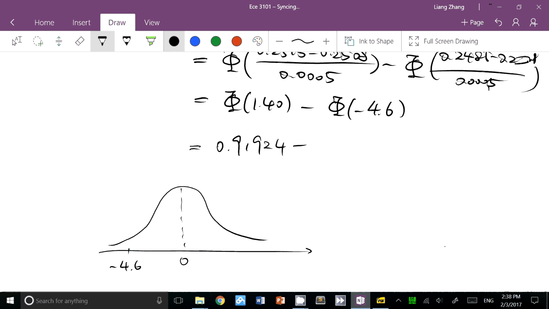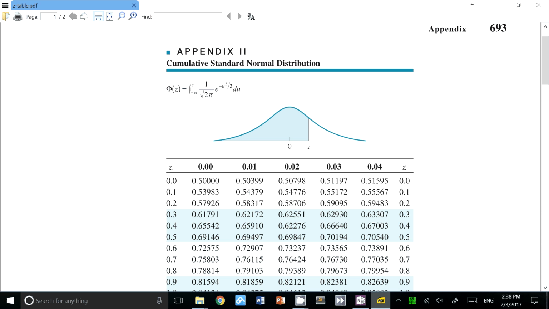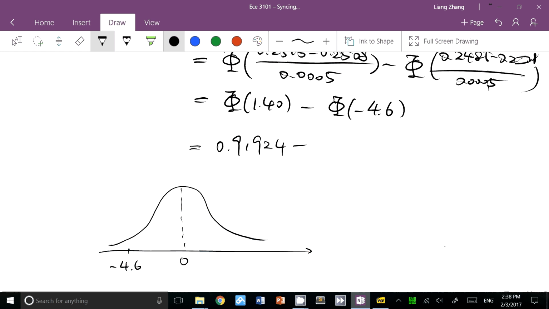Now this phi, if you look at the table, is the cumulative distribution function. It also represents the area underneath the curve from negative infinity to the specific value you're interested in. So for this one, the area right here is what you're trying to calculate, phi of negative 4.6.